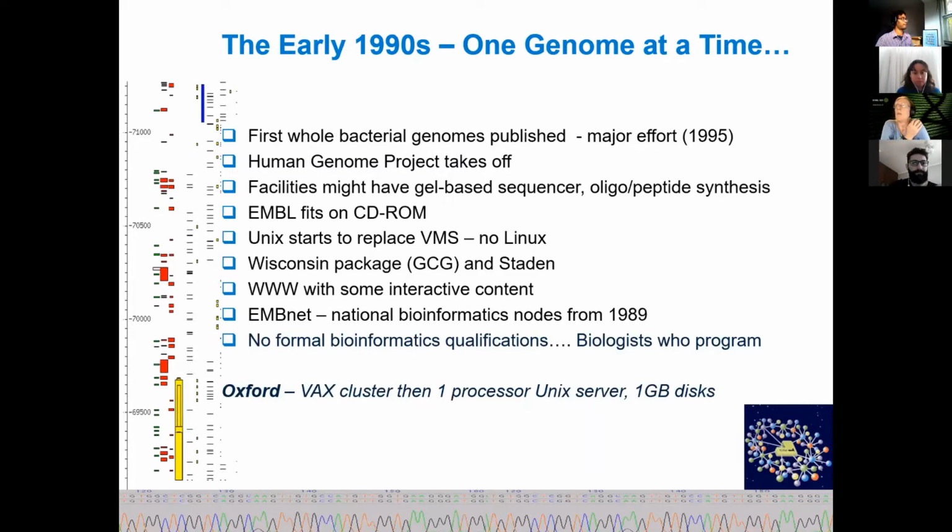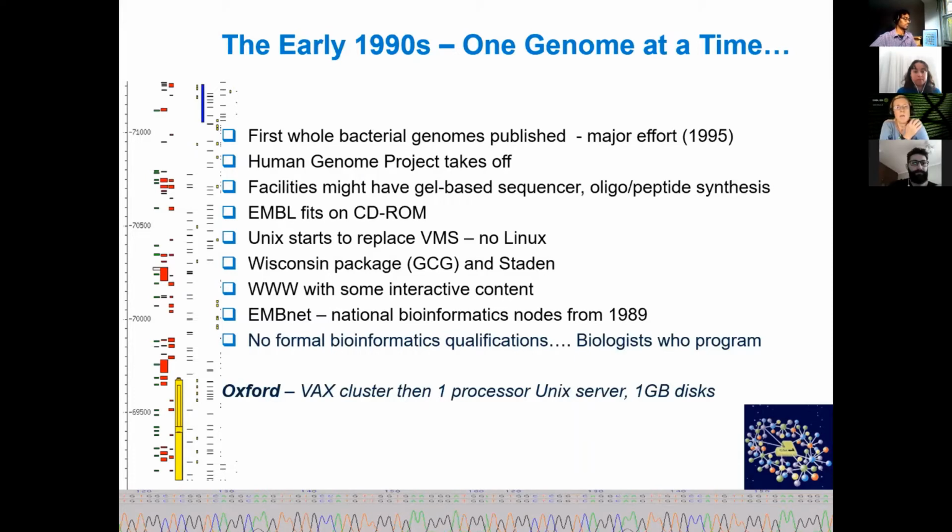The Human Genome Project has already taken off, and looking at what was around in institutions, you might find that there would be a gel-based sequencer, or maybe a couple of gel-based sequencers kicking around, and there might be a team offering oligo or peptide synthesis, but there weren't that many core bioinformatics or other bio-related facilities. Looking at the size of data, well, the EMBL database fitted on a CD-ROM.